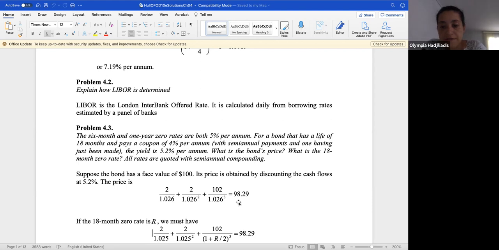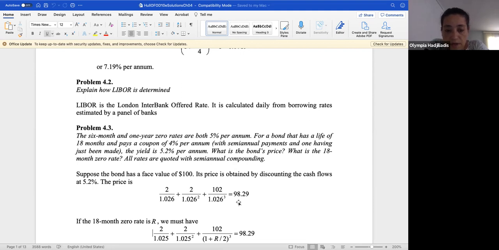Because we have semi-annual payments, the yield is 5.2% per annum, so you take the yield, divide by 2, and take the present value of 2. So this is 2 over 1.026.